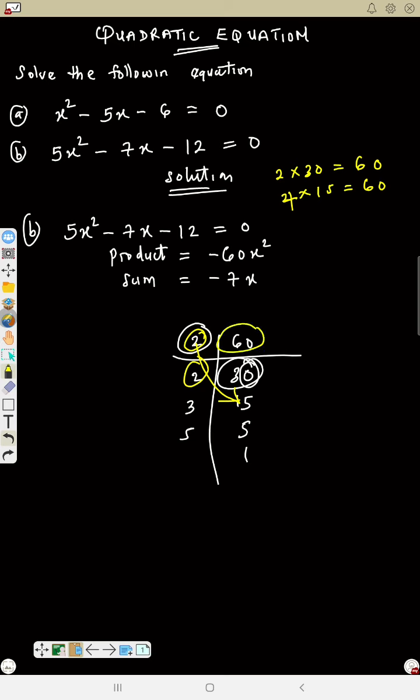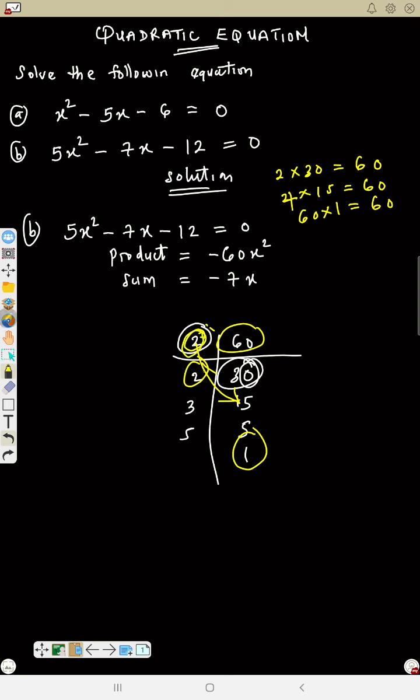Again, 60 times 1 will still give us 60. And again, 2 times 30, we have that already. 4 times 15, 60 times 1. Now, it's all these ones that will give us 60. Also, 12.